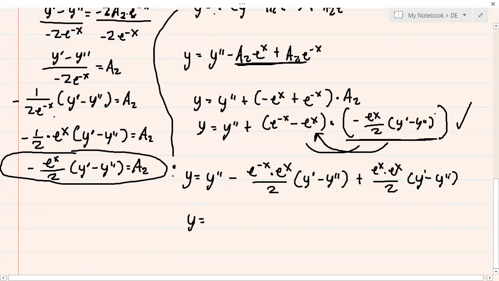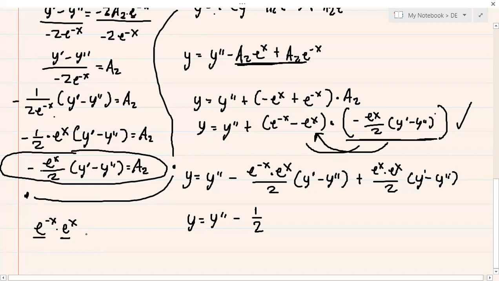Now, what I can do here is further simplify this one. If you simplify e raised to negative x times e raised to x, the answer becomes 1. So it becomes just 1 half. Why does it become 1 half? Because e raised to negative x times e raised to x, remember, you have the same base but different exponents.